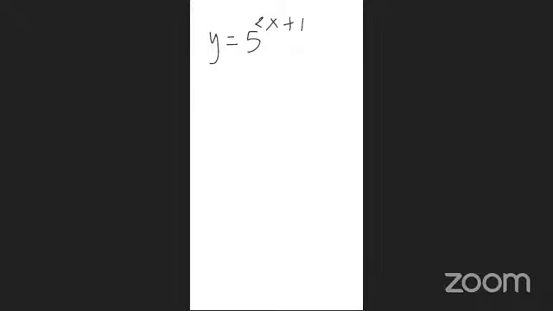Since it is an exponential function with a constant base, the derivative of a raised to u, if you remember the formula, is equal to a raised to u times ln a du.